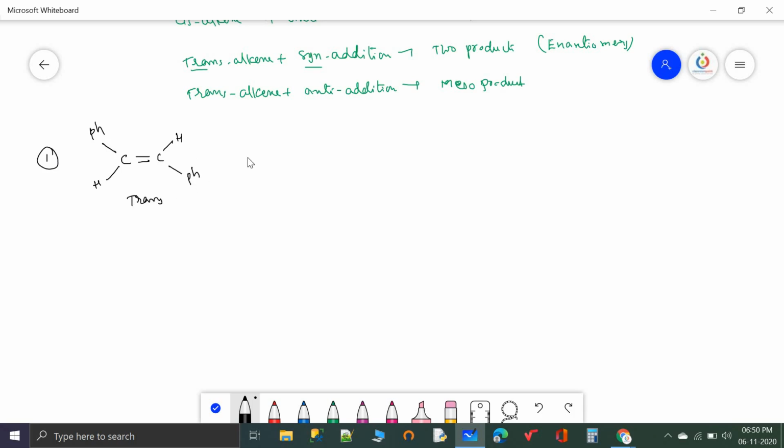You know that this molecule is a trans compound. Add Cl2. The Cl2 addition, halogenation, always takes place in non-polar solvents like CCl4. So you will get the product like this. Ph, here hydrogen, chlorine, hydrogen, chlorine, a meso product.